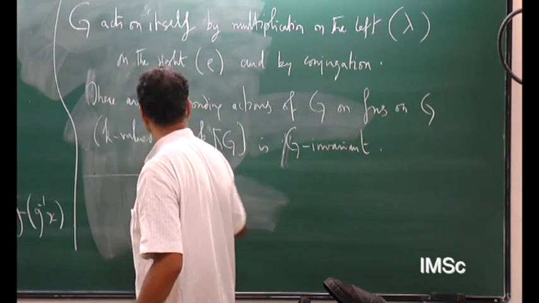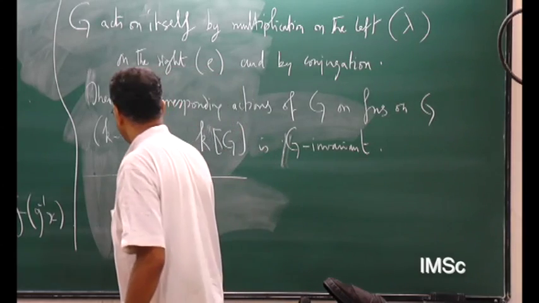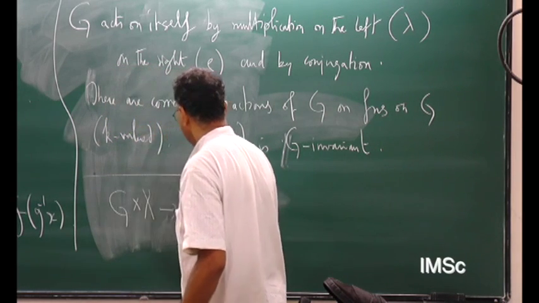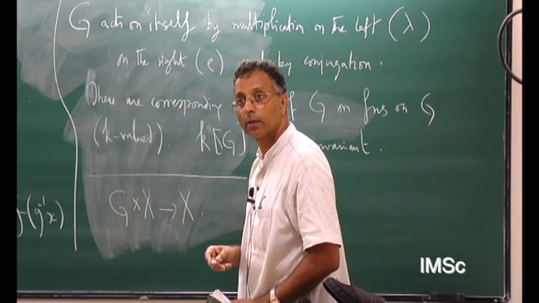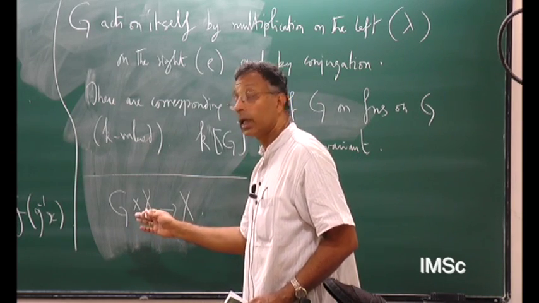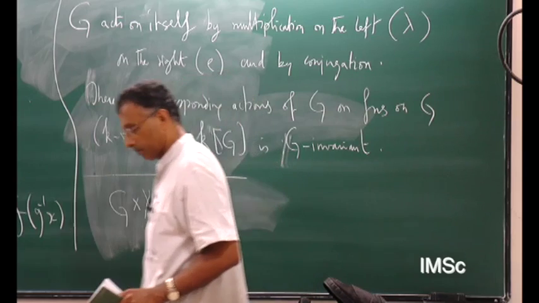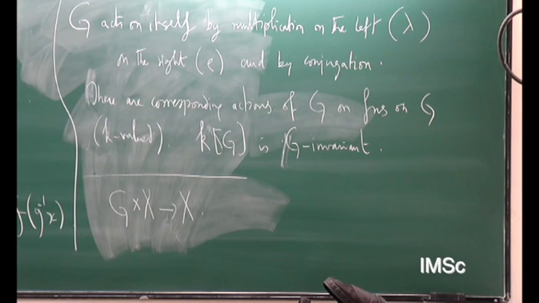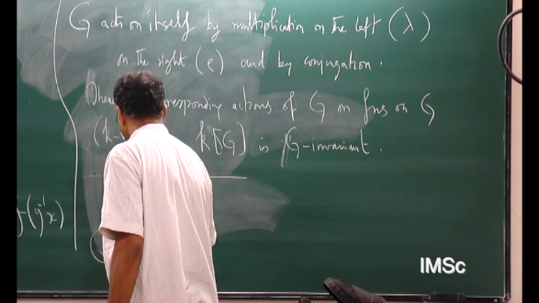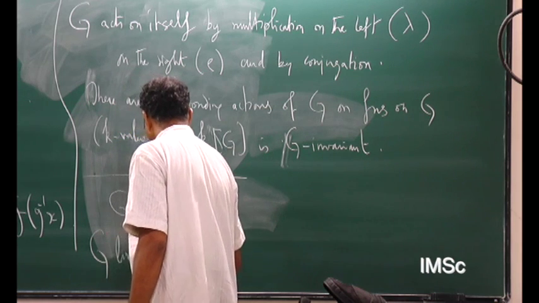Okay, so another way of thinking about it is the following. Since I have this map G cross X to X, let me take G to be now an affine algebraic group, a linear algebraic group, and X to be an affine variety.